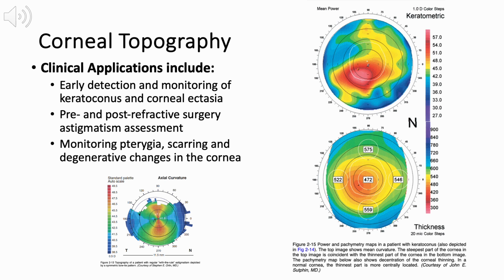Afterward, it helps track outcomes and screen for postoperative ectasia. Beyond that, topography is useful in monitoring surface irregularities caused by conditions like pterygia, corneal scarring, and other degenerative changes. You'll often see several map types: axial curvature, mean power, and pachymetry, each providing complementary insights into corneal shape and thickness.